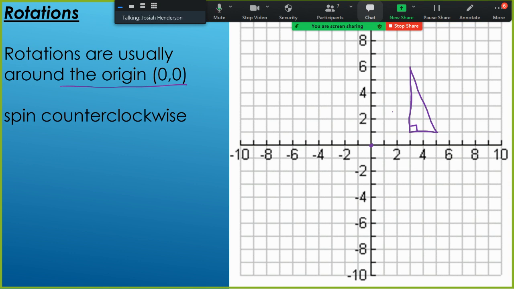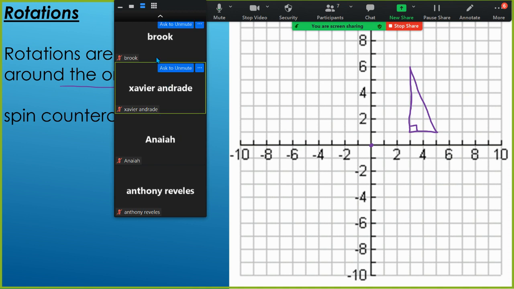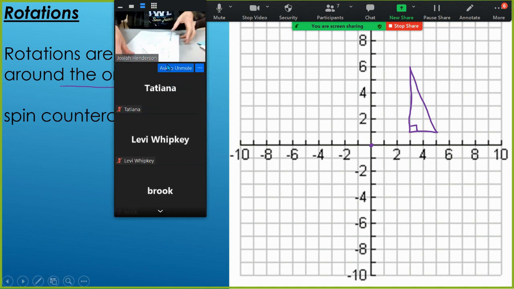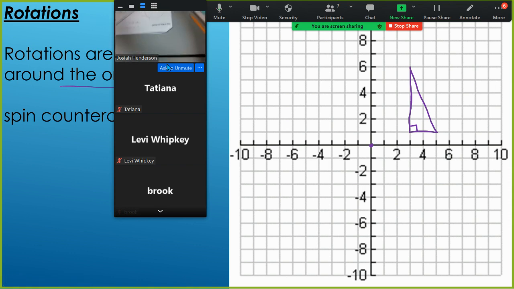It's not a very good example, but really quick, I want to show you on my camera. See if this works. I should have got a circle ready. Well, here's a circle. So if I hold the middle still and then spin the paper, I'm rotating it.